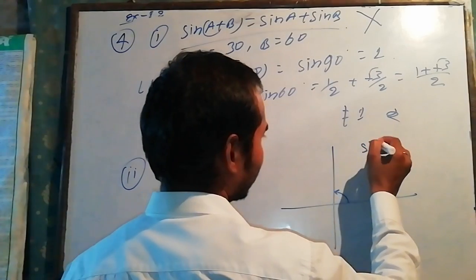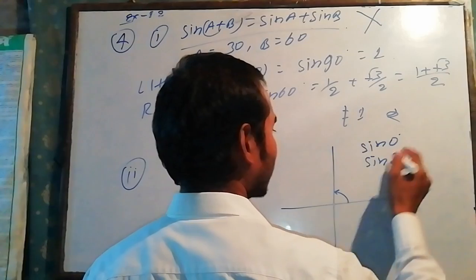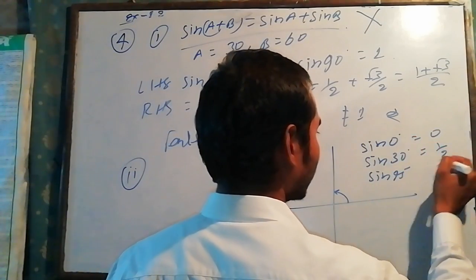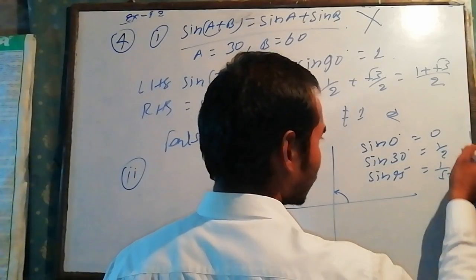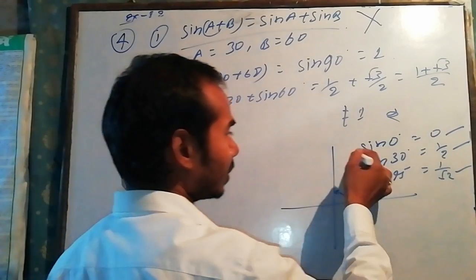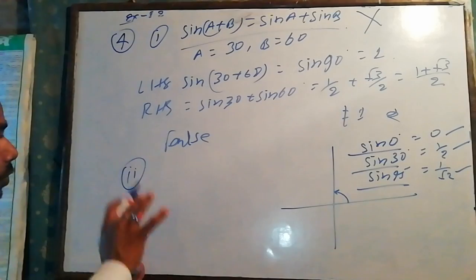Suppose sin 0, sin 30, sin 45. Its value is 0, then 1 by 2, then 1 by root 2. So the value is increasing. When theta increases, sine will also increase. So it is true.